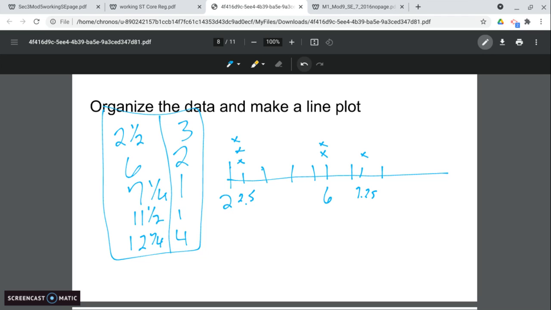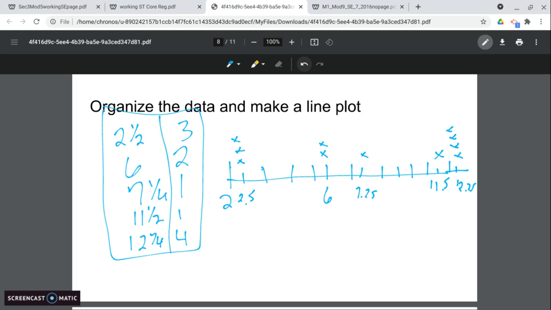Then we've got 8, 9, 10, 11, 12. There's 11.5. We've got one of them. And there would be 12.25. We've got 4.